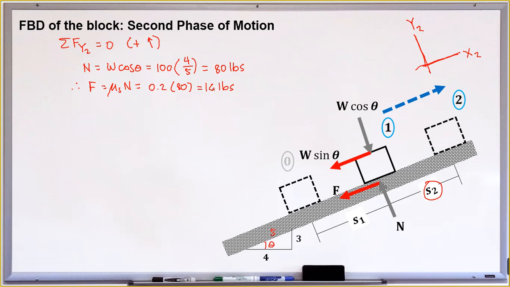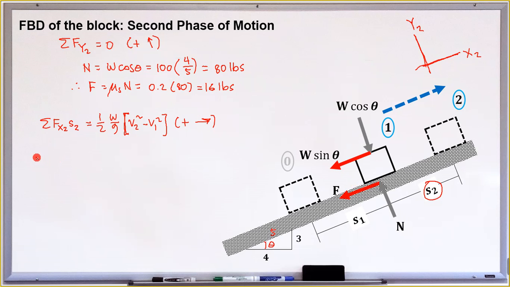After that, the work-energy equation: the summation of the product of the force along x2 and its corresponding displacement s2 is equal to 1/2 W over g times, and the final here is point 2 since our point of interest is from point 1 to point 2, V2 squared minus V1 squared. We take positive if the force acts up the inclined plane, parallel to the inclined plane. Since both forces are pointing downward, both are negative.